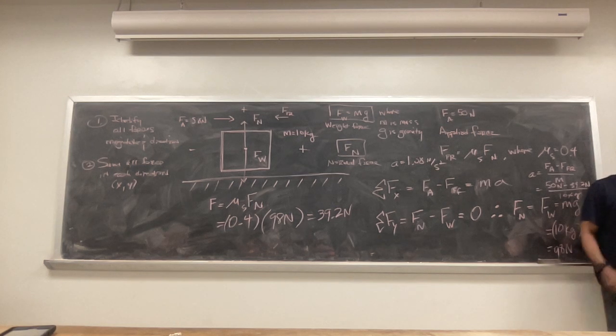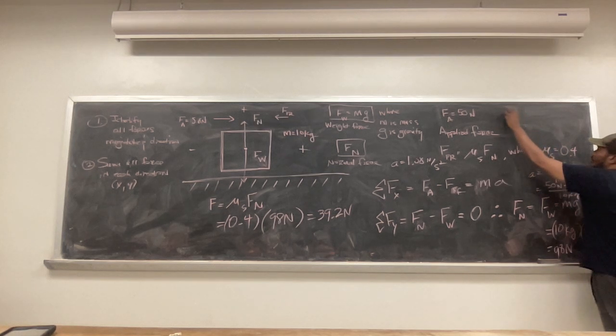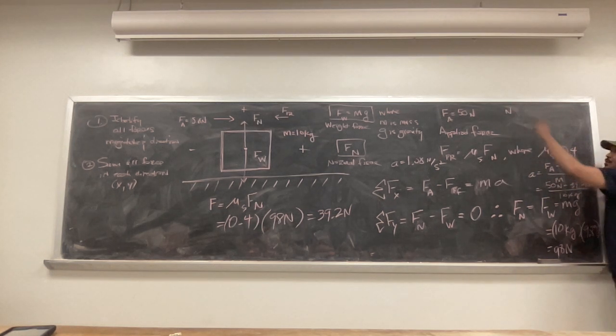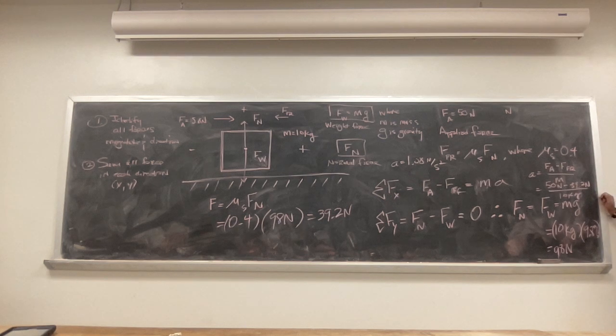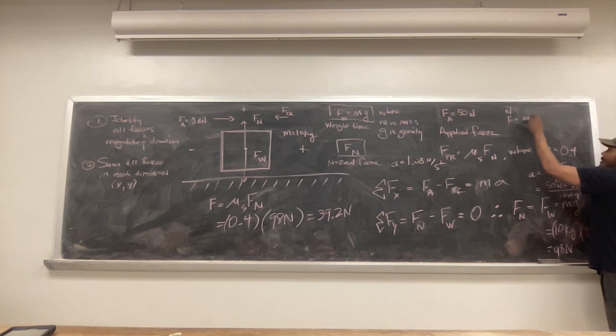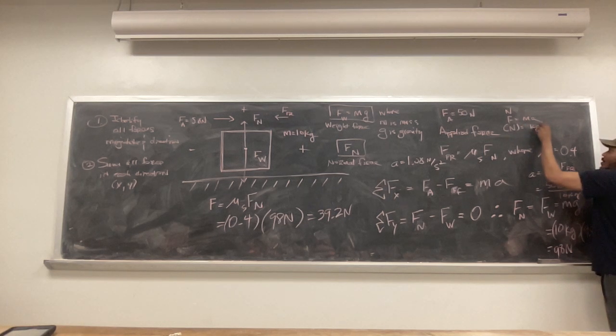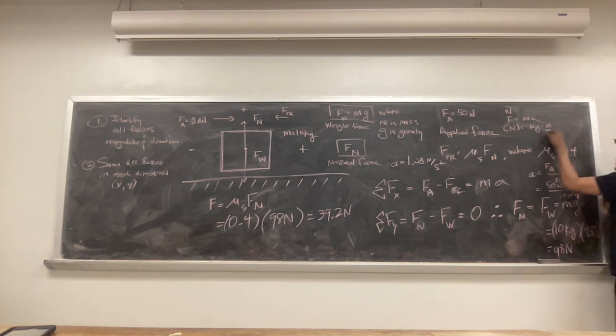How did you get meters per second squared from newtons and kilograms? Because what is a newton? Force is in newtons. What's the equation for force? Mass times acceleration. So a newton really is a kilogram meter per second squared.